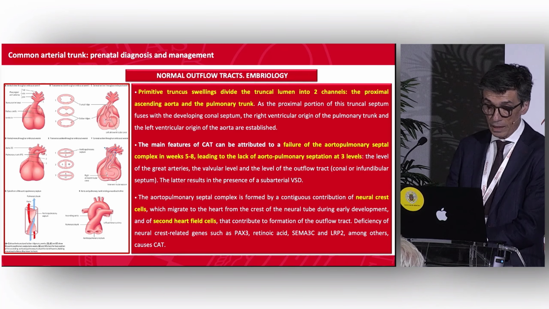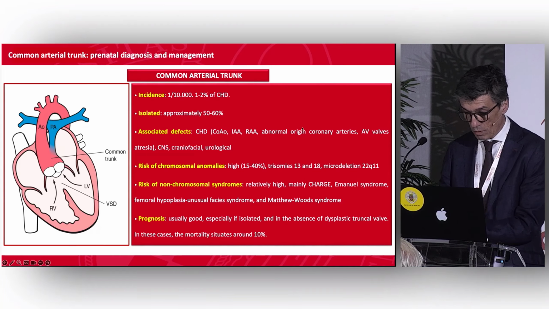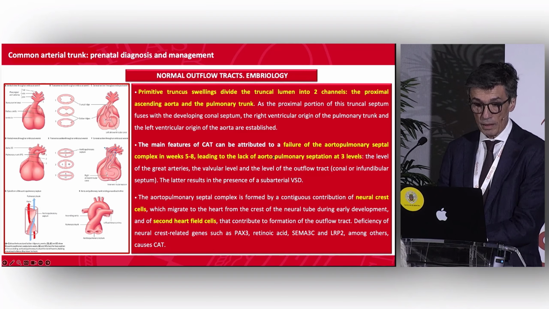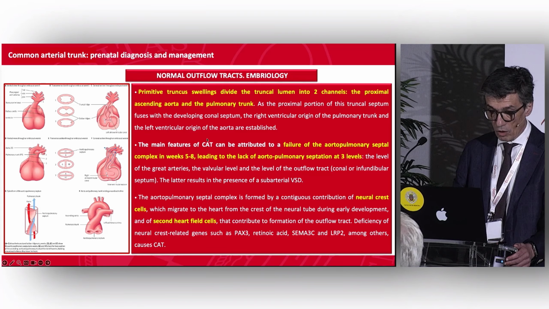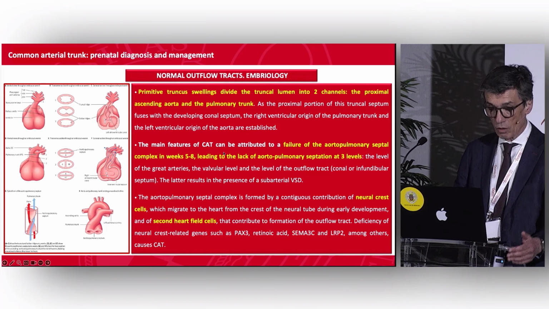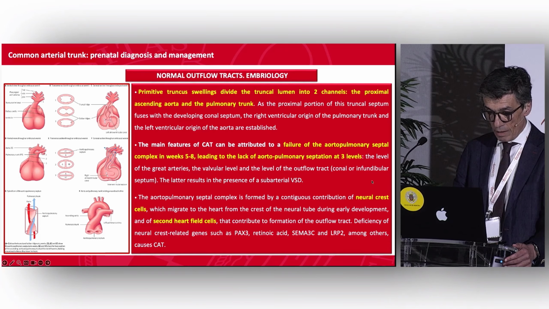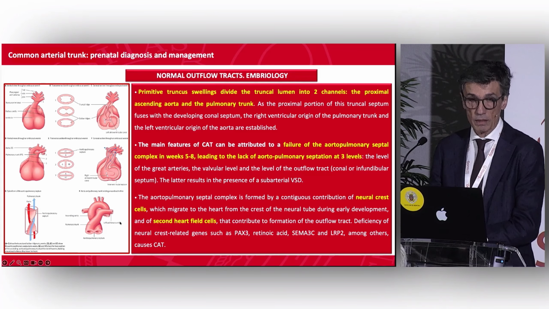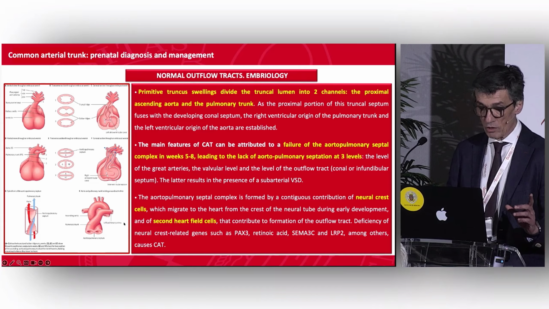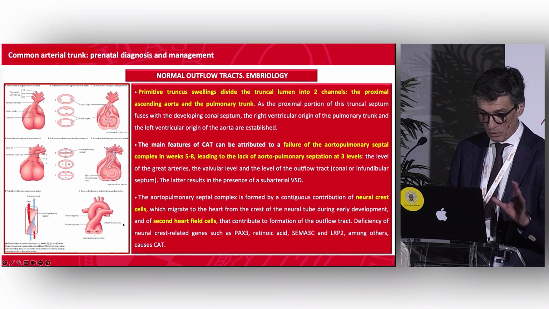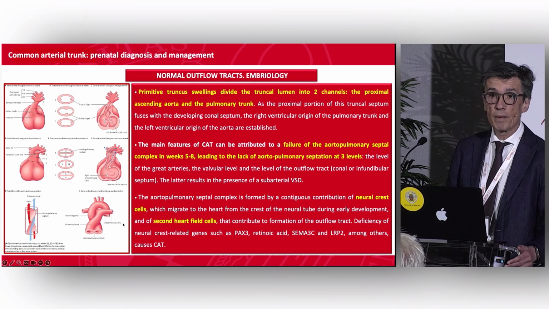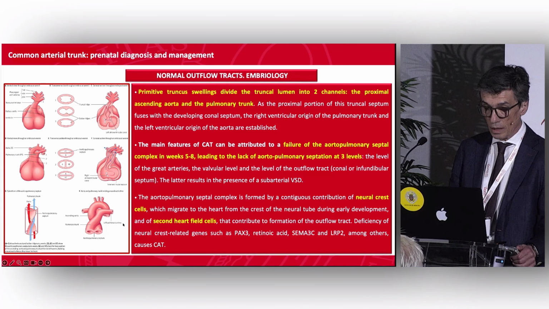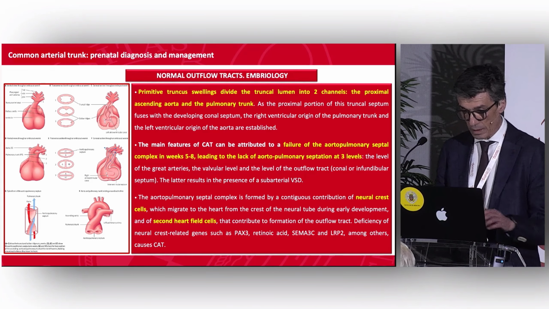When these truncal swellings do not form properly, we have a persisting common arterial trunk. Neural crest cells and second heart field cells have a leading role in the formation of the aortopulmonary septum, which explains the close relationship between this defect and the microdeletion 22q11, as we will see later.